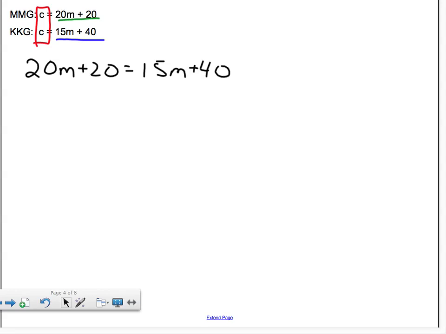So if C is equal to one thing and C is equal to another thing, this must equal that then. Does everybody see the logic behind that?